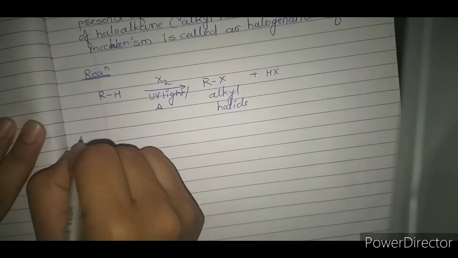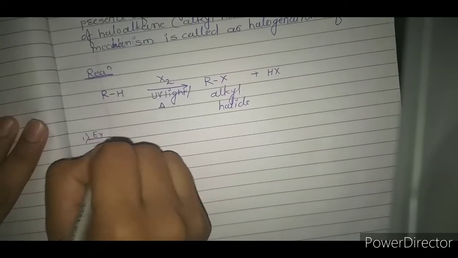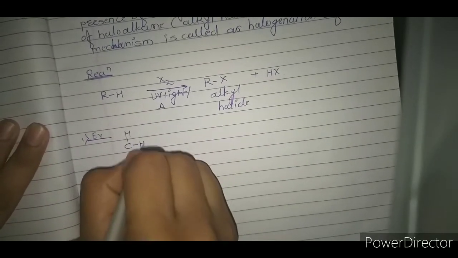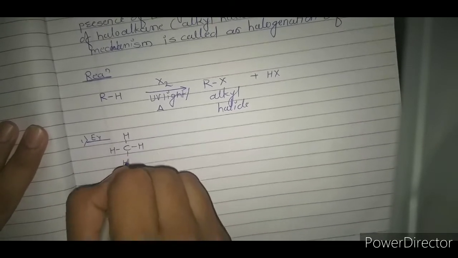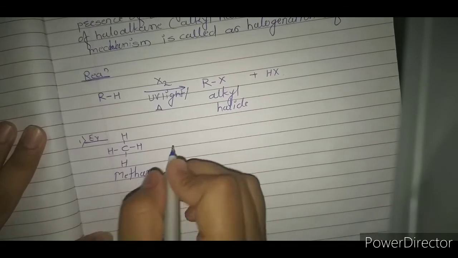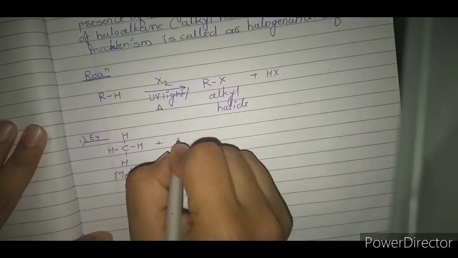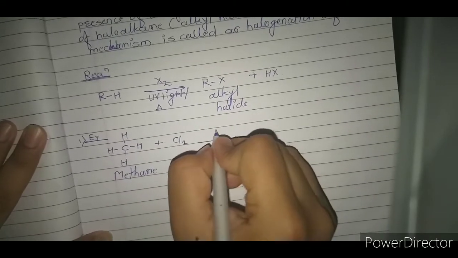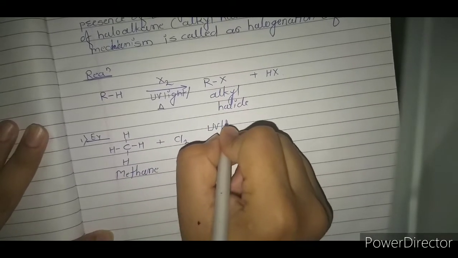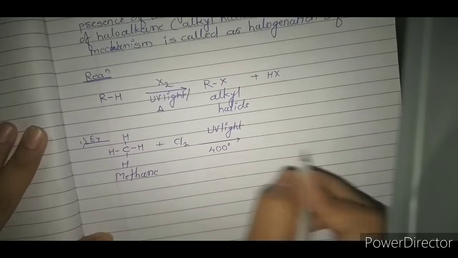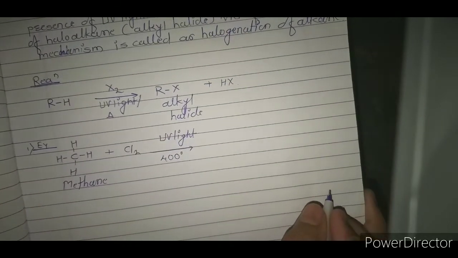Okay, so I will take one example. This is your methane molecule. It reacts with halogen, or it reacts with chlorine in presence of UV light at 400 degrees Celsius.